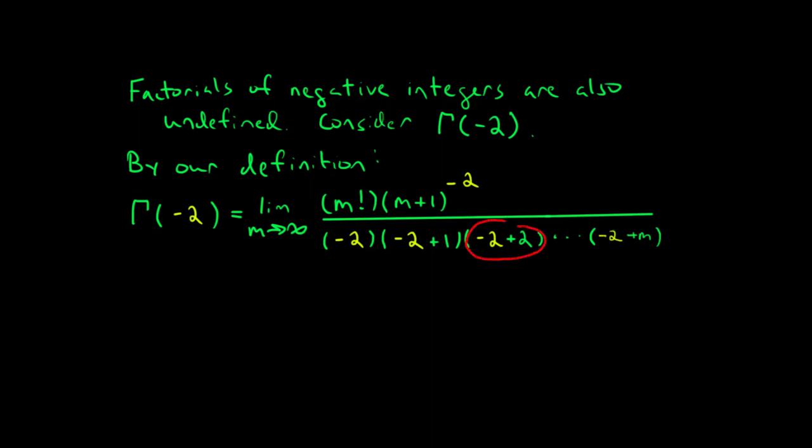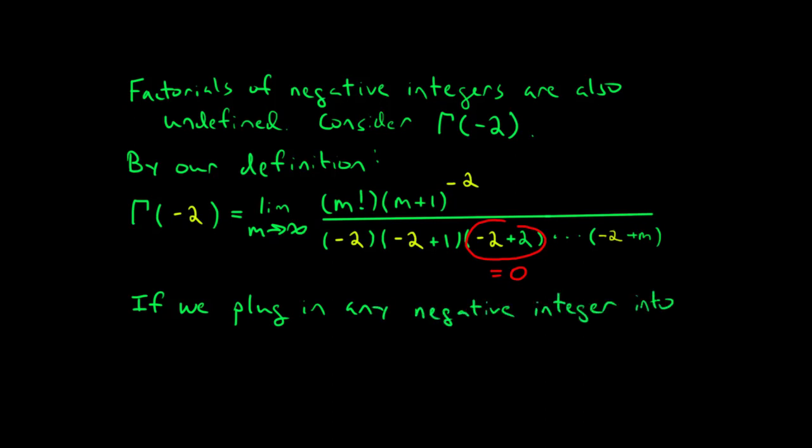So this -2 plus 2 term equals 0, and we then have a 0 in the product of our denominator. So again, this whole expression will be undefined, or we would say the limit doesn't exist. And in fact, if we plug in any negative integer into this infinite product formula for the gamma function or the factorial function, we end up with a 0 in the denominator.